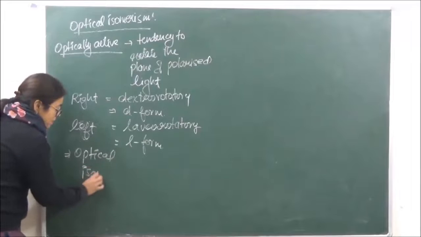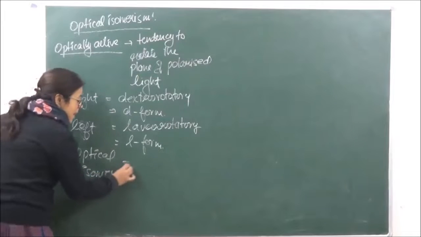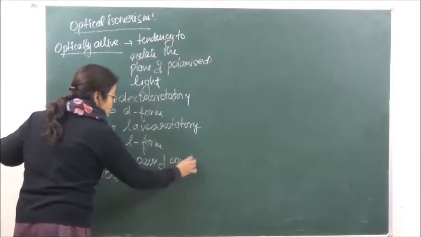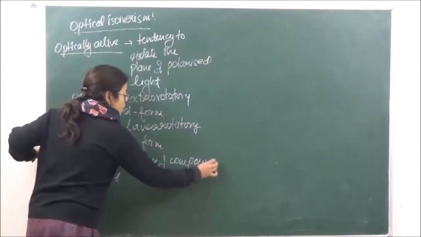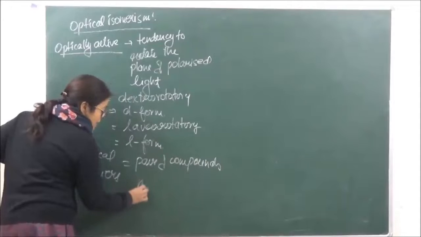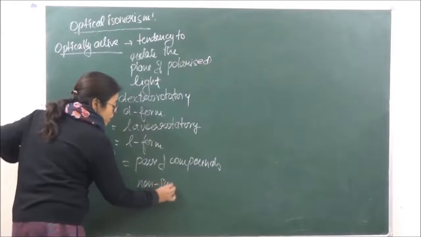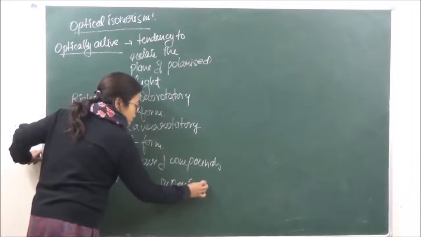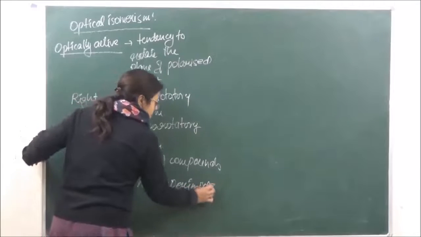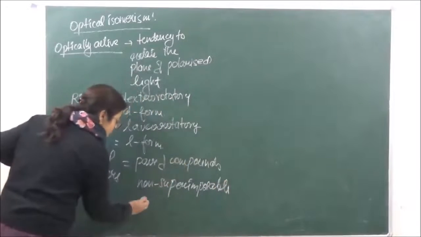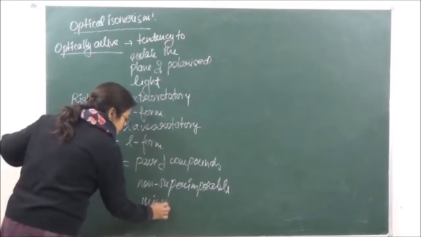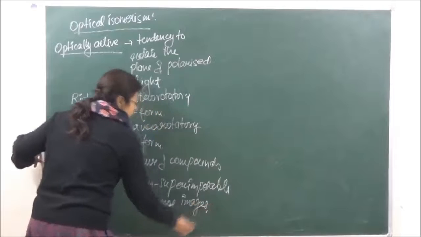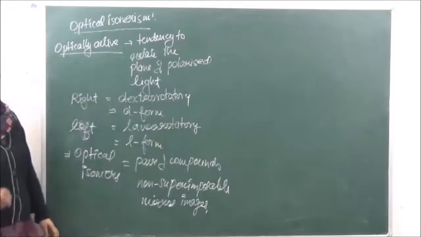Optical isomers are pairs of compounds which are non-superimposable mirror images of each other.